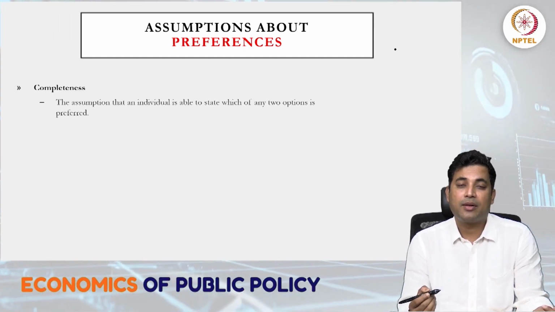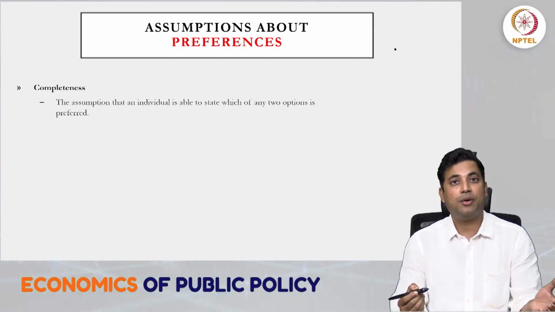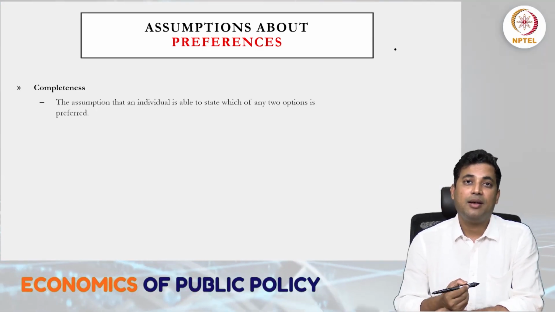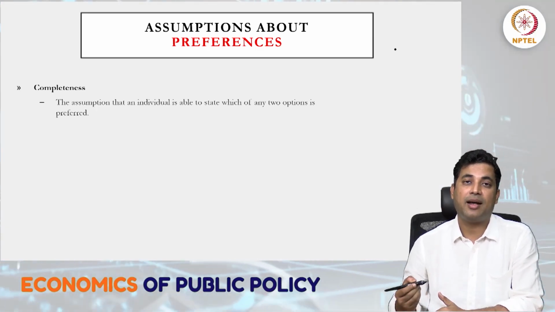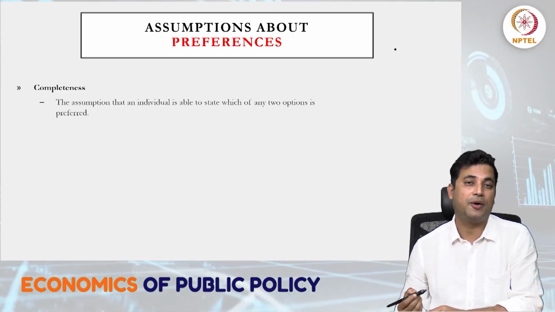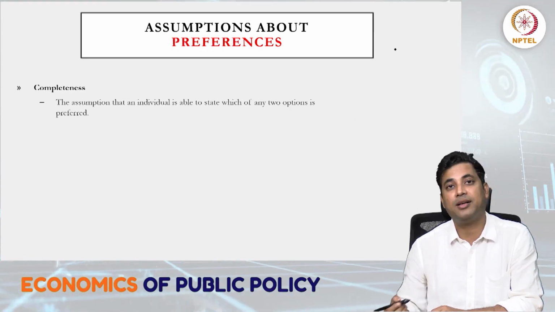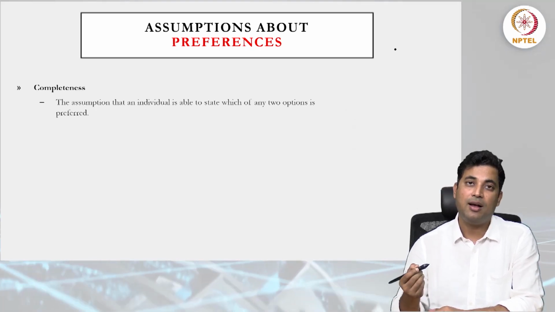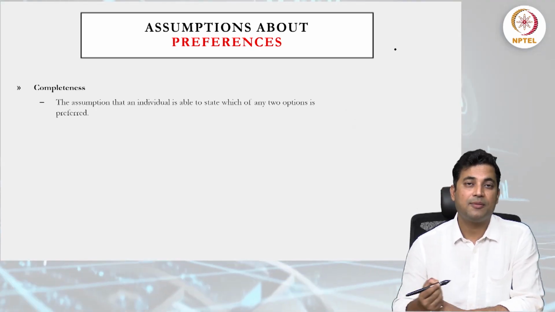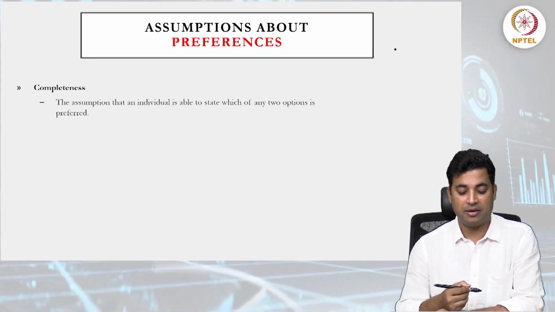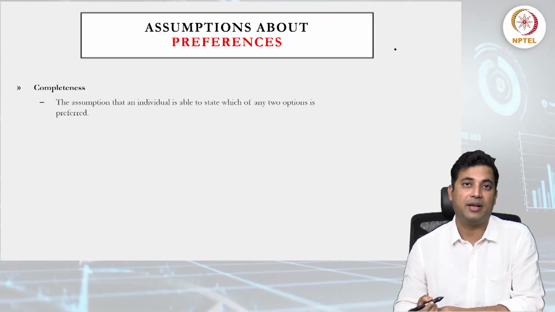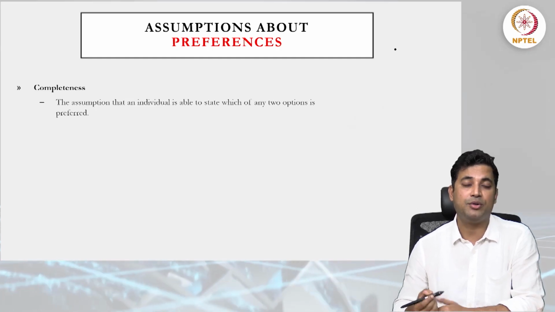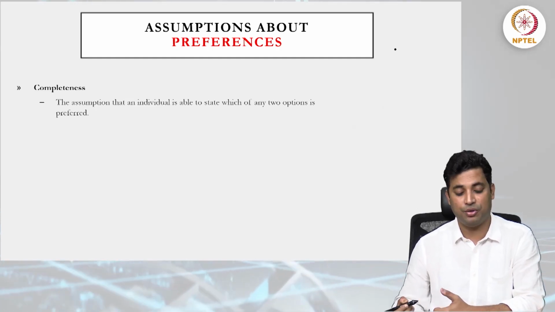Like the choice of the basket: if that basket has pizza and burger for lunch, not any other commodity, I'm very certain that I have to choose between pizza or burger. So completeness is very important for any rational human being to decide which one to choose.